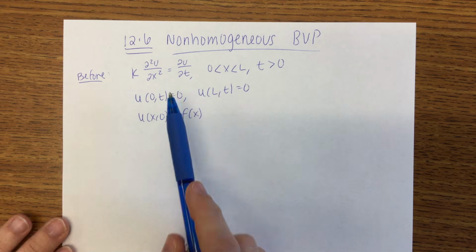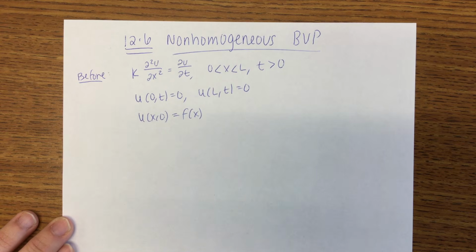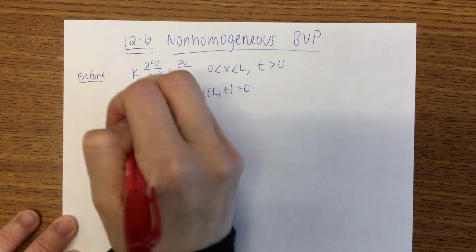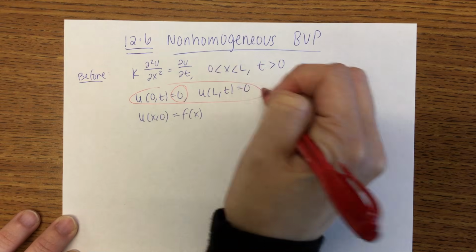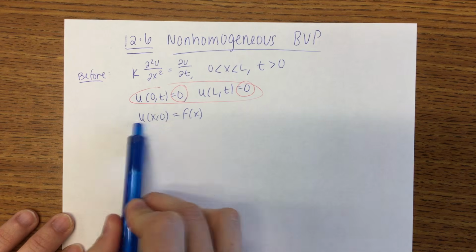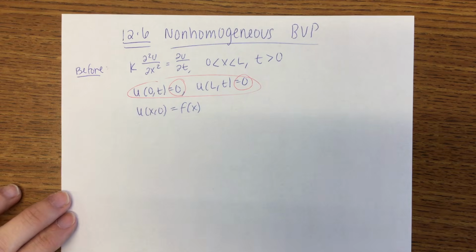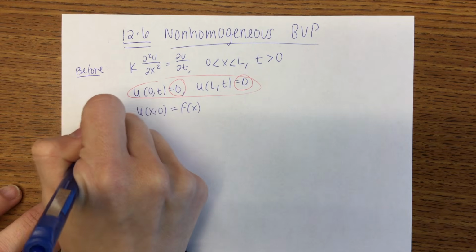This is heat. What do these two conditions tell us? The ends are held at 0. This is also what makes the equation homogeneous, those two zeros. So the ends are held at 0. And what is this? The initial temperature throughout. So that was before what we're doing.